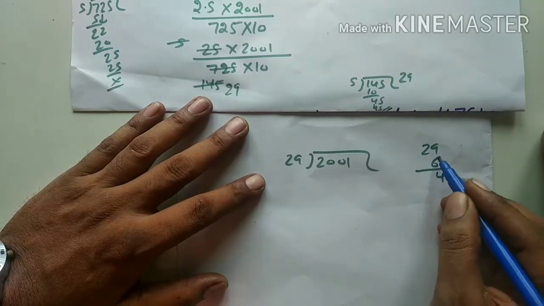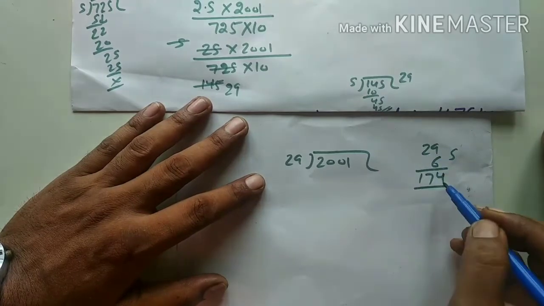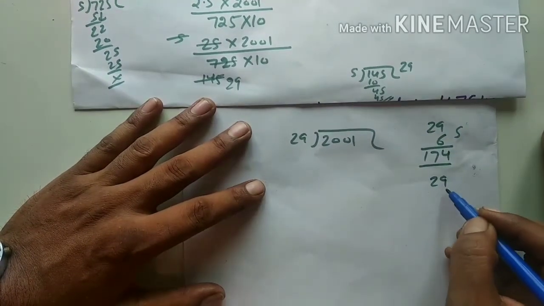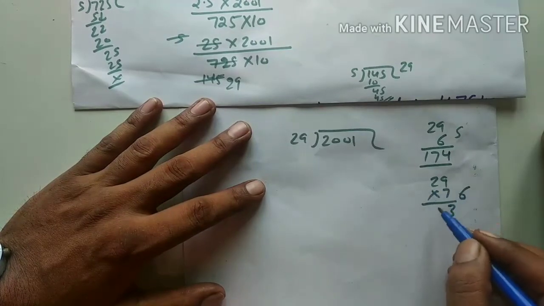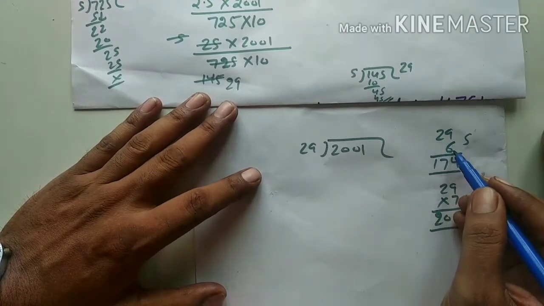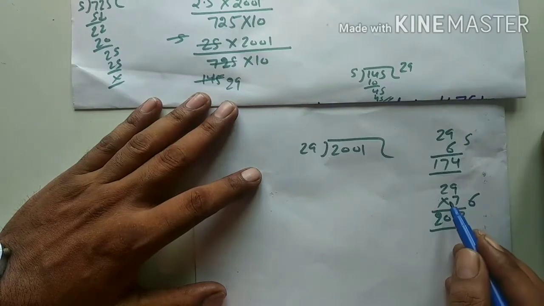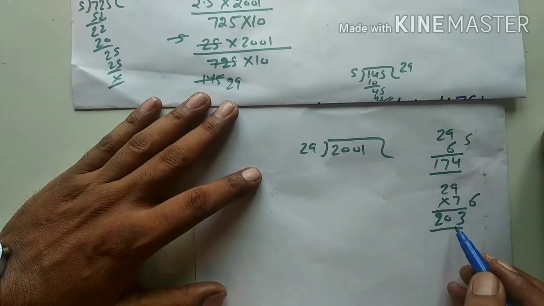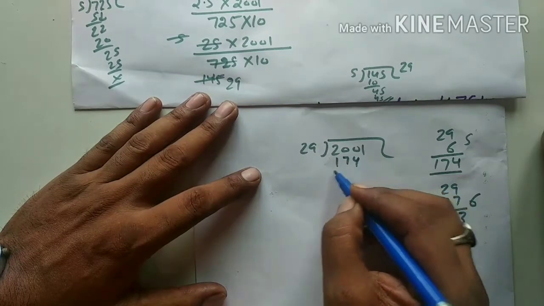Then 6 9s are 54, 6 2s are 12, 12 plus 5 is 17. So 29 multiplied by 6 gives 174, which is less than 200. But when I go to 7, it is more than 200. So I will write less than 200.